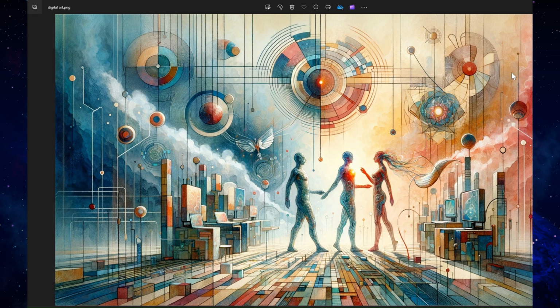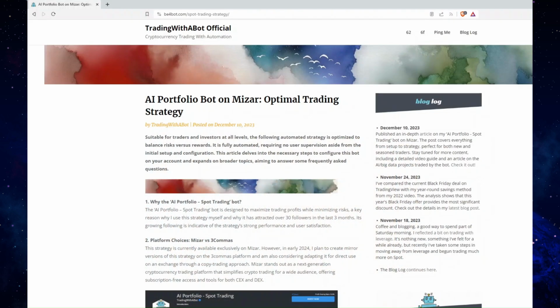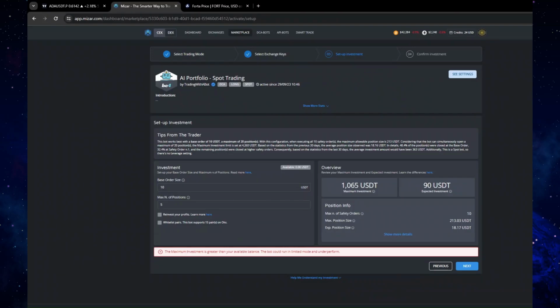Okay, I just wanted to wake you up a bit, and now let's continue talking about our bots and bot sizing. So now we will talk about math. Let's say your base order size is 10 and your maximum number of positions is 5.